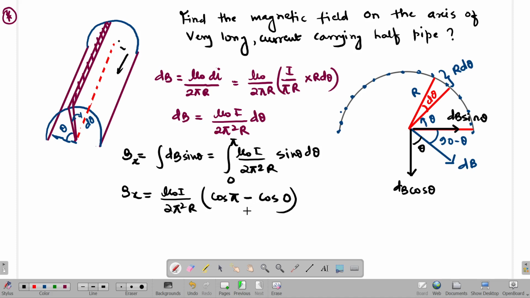How much is that? Minus 2, isn't it? But if I include the magnitude only, this dB will be present opposite actually. So mu naught I by pi square r, if we are considering the magnitude.